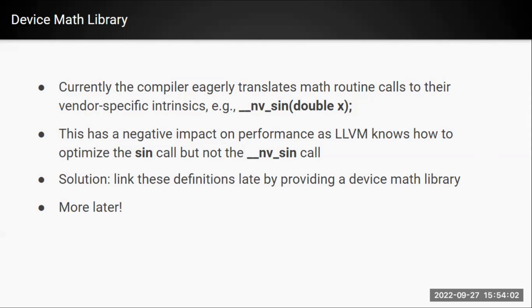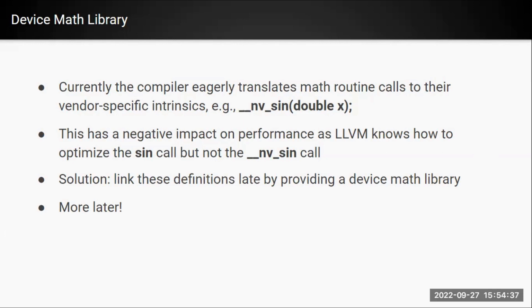Now, you could argue, oh, we could just teach it the same things about __NV sine, but starting to list things like that, in standards or in compilers or in other parts of software, is usually a bad idea. There's very few reasons to do so, so you really don't want to. So we don't do that. What we really want is to keep the sine call alive and allow the compiler to treat it as a sine, and only in the end replace it with the vendor provided implementation.